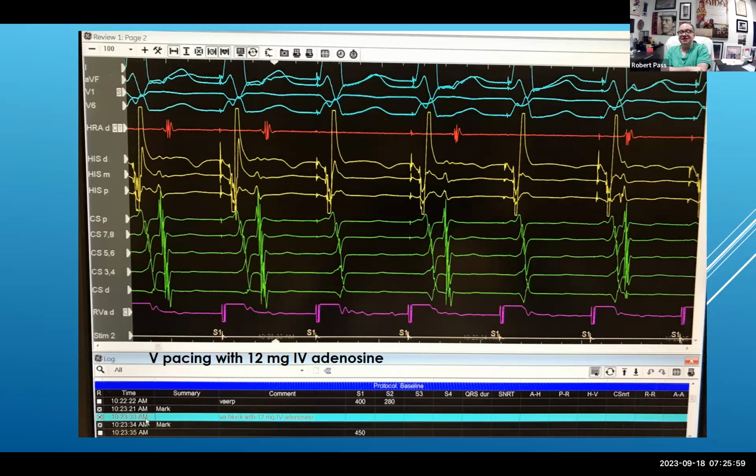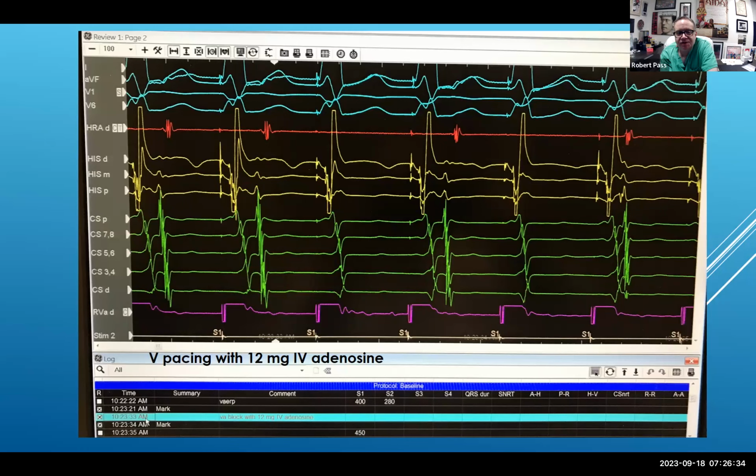If you look carefully at the slide, the answer is there. Yeah, so we're repacing, and it looks like you've given adenosine. So we're seeing block by, I think, the third beat. Yeah. And so we're seeing that we're requiring pacing, but we're having VA block with adenosine, meaning that we're not having any conduction from V to A after giving adenosine through the pathway, not through our AV node.